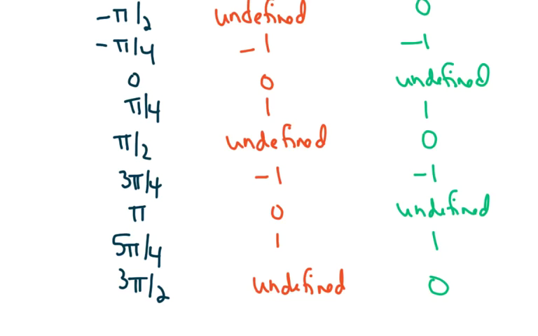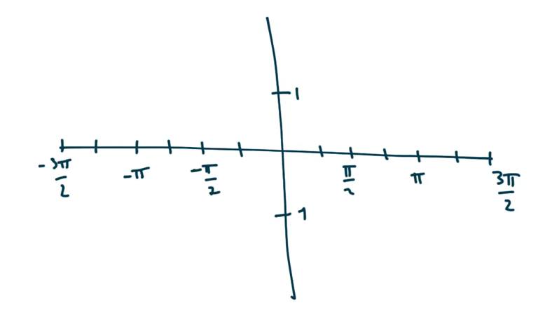So negative pi, 0, and pi. So I'm going to put the asymptotes here. And then the reciprocal of undefined was 0. So every place that had an asymptote on the tangent graph will be a 0 on the cotangent graph.